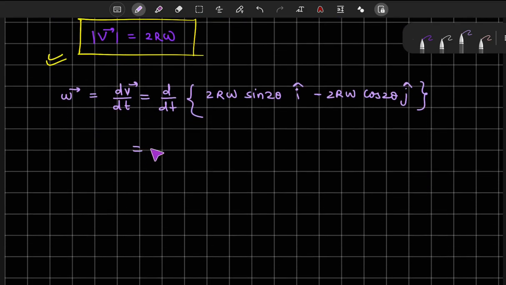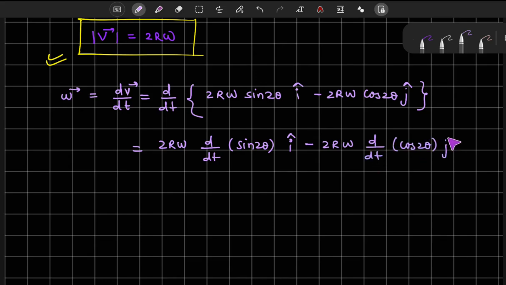Okay, so from here we can write 2r omega is constant, so as it is, and d by dt of sin 2 theta i cap minus 2r omega d by dt of cos 2 theta j cap.